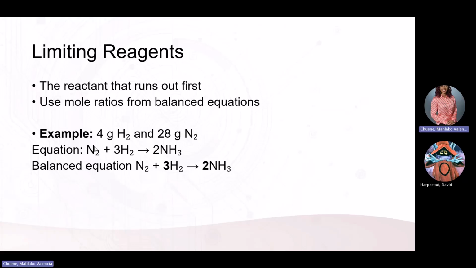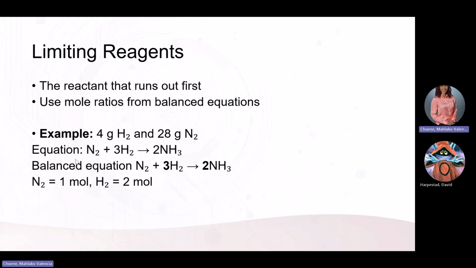Now in this equation, before balancing it, what do we know about it? We have 1 mole of nitrogen gas and 2 moles of hydrogen gas. One might say, isn't this the same thing, because there's a subscript of 2 on the nitrogen and a subscript of 2 on the hydrogen?